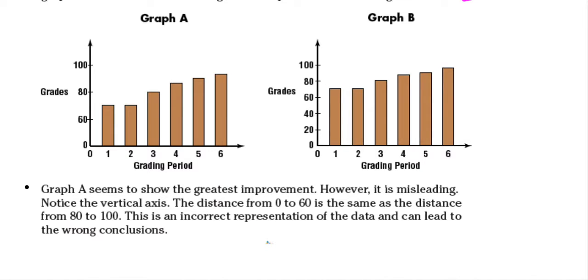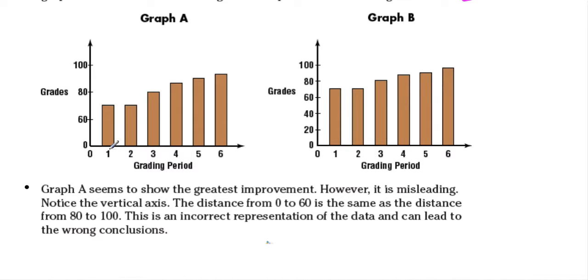The distance from 0 to 60 is the same as 60 to 80 and 80 to 100, which is not the case, because 0 to 60 is 60 units, 60 to 80 is 20 units, and this is also 20 units. This is an incorrect representation of the data and can lead to the wrong conclusions. So graph A is misleading. Graph B is not.